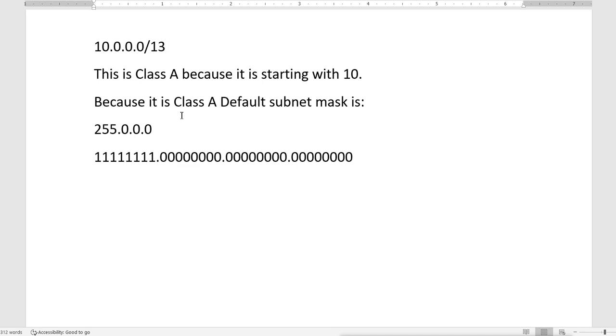It is not a /8. When it has extra bits, that means it is taking extra bits from the host part. The default is 8, and the rest of the bits are all zeros.